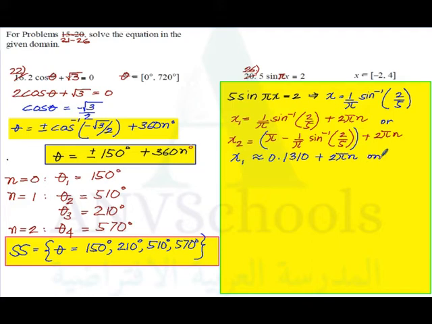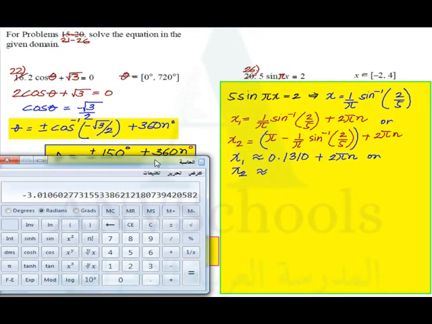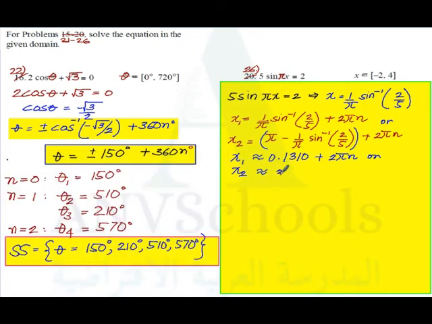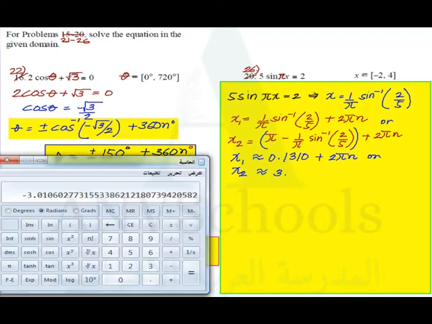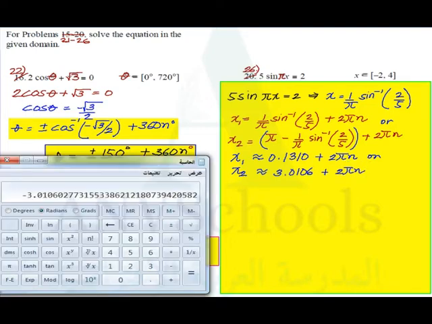Or we also have x2, it's approximately, that would be minus pi, so that would be 3.0106. Okay, so these are the values that we obtained.